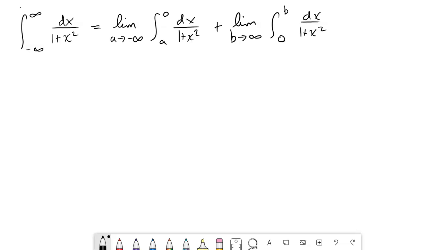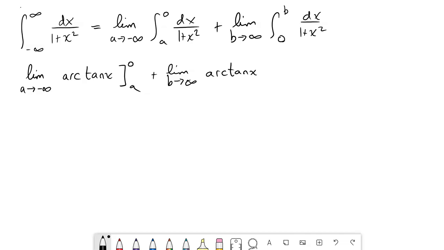So now we can continue here. I already know the integral is arctangent, so the limit as a approaches negative infinity of arctangent of x evaluated at these two limits, and then plus the limit as b approaches infinity of arctangent of x from these two values. I can just plug it in and evaluate these limits.